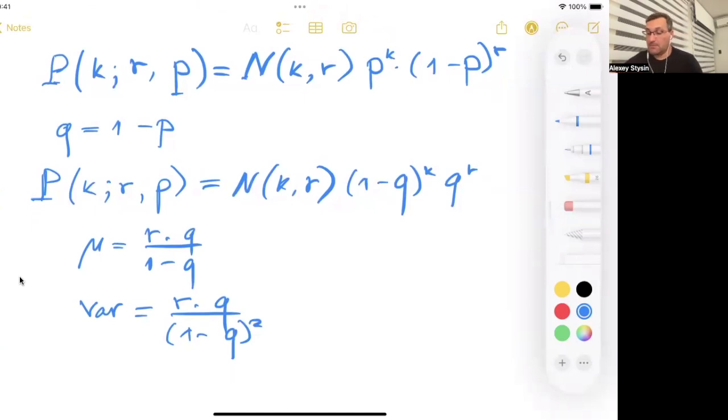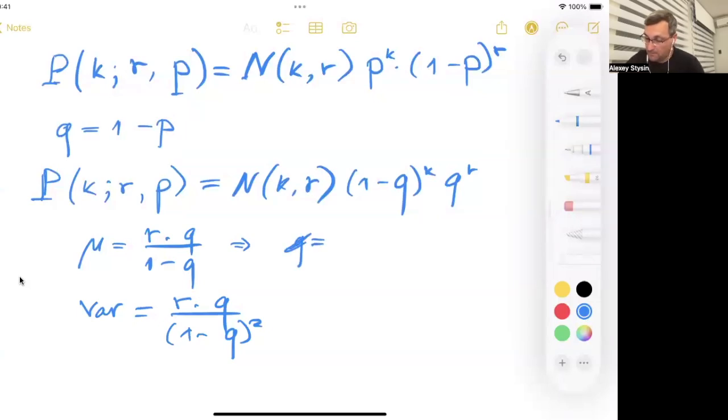From this, it is possible to express Q in terms of the mean of the distribution and the parameter R. So let's do that.